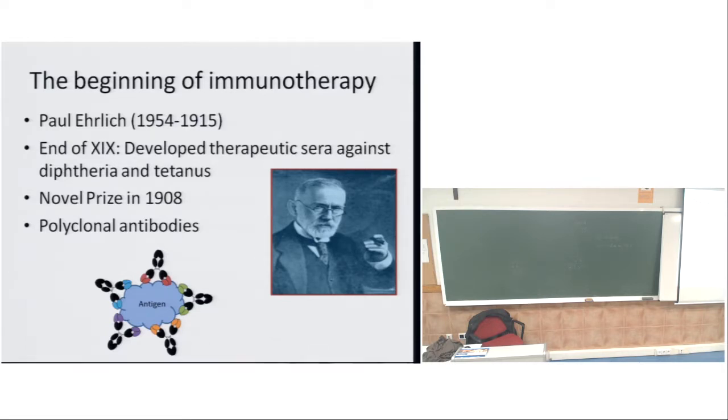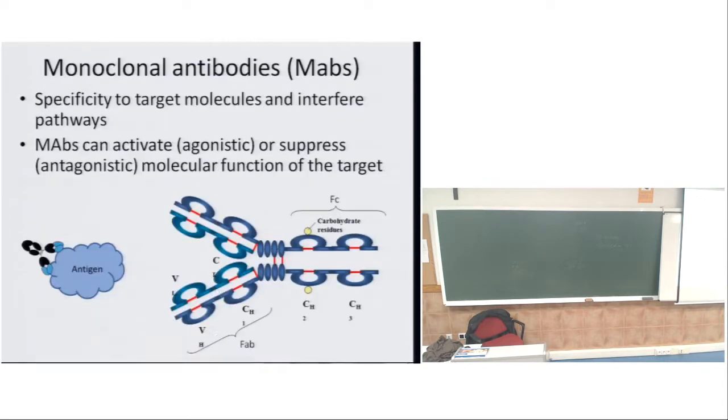Polyclonal means that what you have is a mixture of different antibodies recognizing different epitopes of an antigen. Okay? The situation is different with monoclonal antibodies, where you specifically target just one epitope.